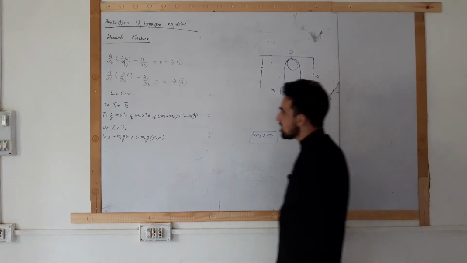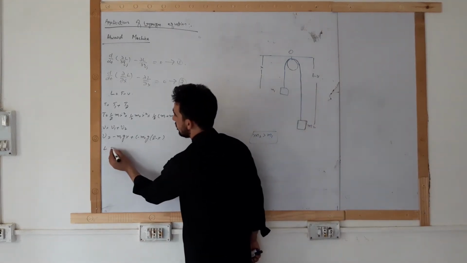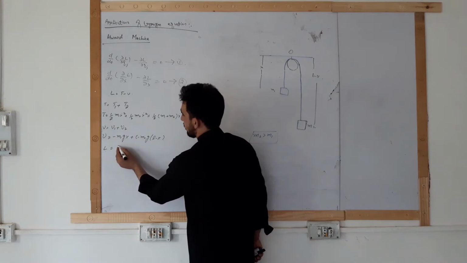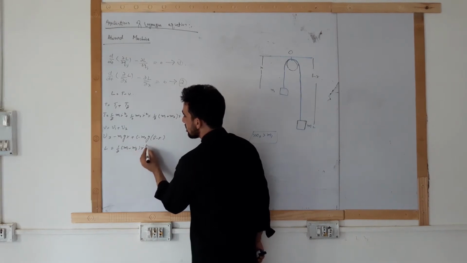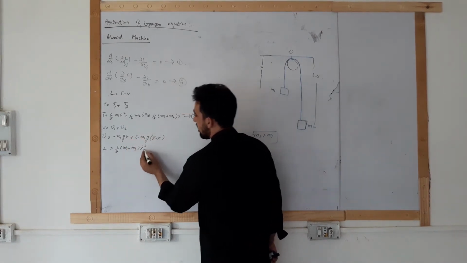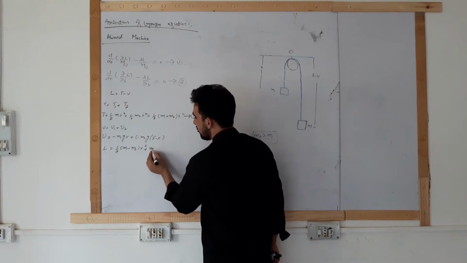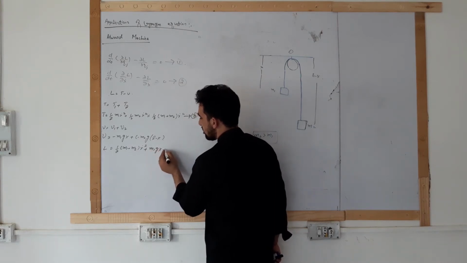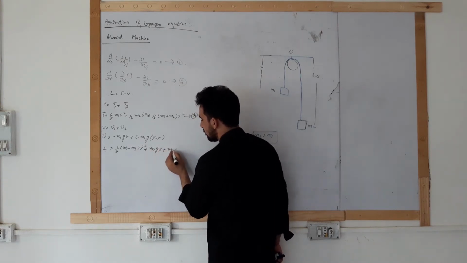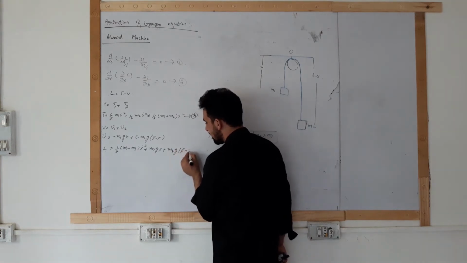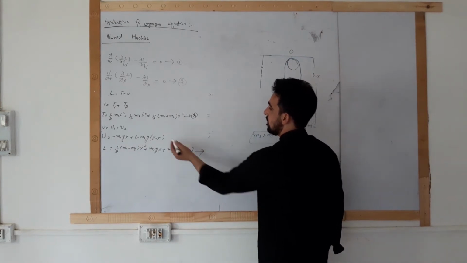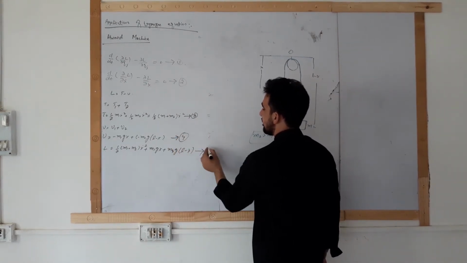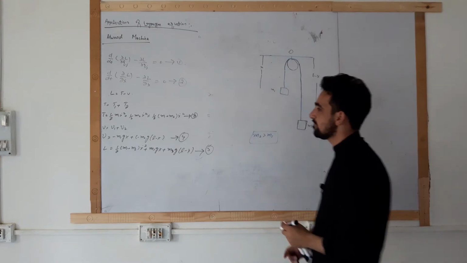And L becomes half M1 plus M2 times x dot square plus M1 g x plus M2 g times L minus x. Let's call the potential energy equation number 4 and this Lagrangian as equation number 5.